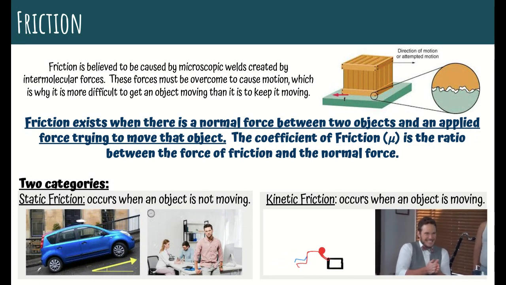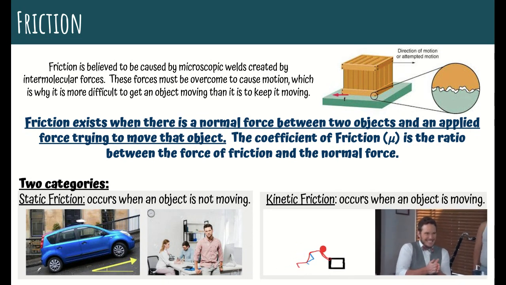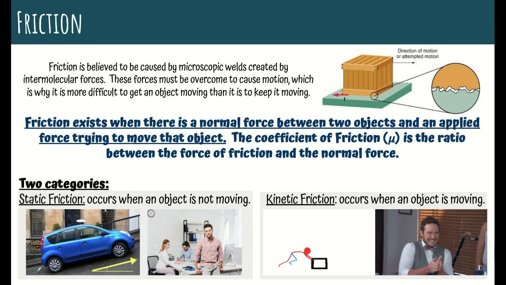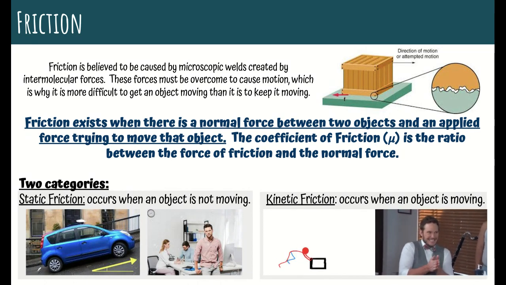So these are the two categories we have for friction. I've been describing this already with our objects. With last class, you guys were talking about your little wooden block, but it does exist in other places in our lives. Static friction is going to occur when an object is not moving. Some examples here: you have a car parked on a hill. The car obviously has its weight holding it down, so you do have the force of gravity holding it down. There's not necessarily an applied force, but gravity is pulling it downward, so you could consider that your applied force in this sense.